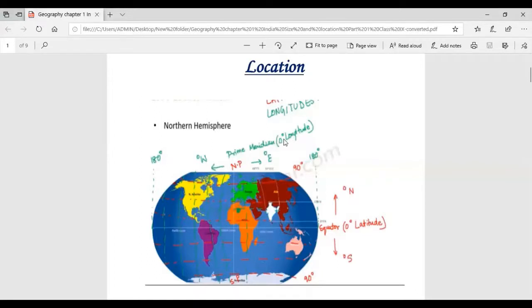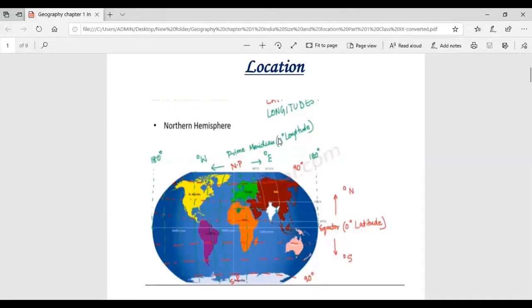So how do we measure it? If we move towards the west, it is measured in degrees west. And when we move towards the east, it is measured in degrees east. At the prime meridian, the value of longitude is 0 degrees.